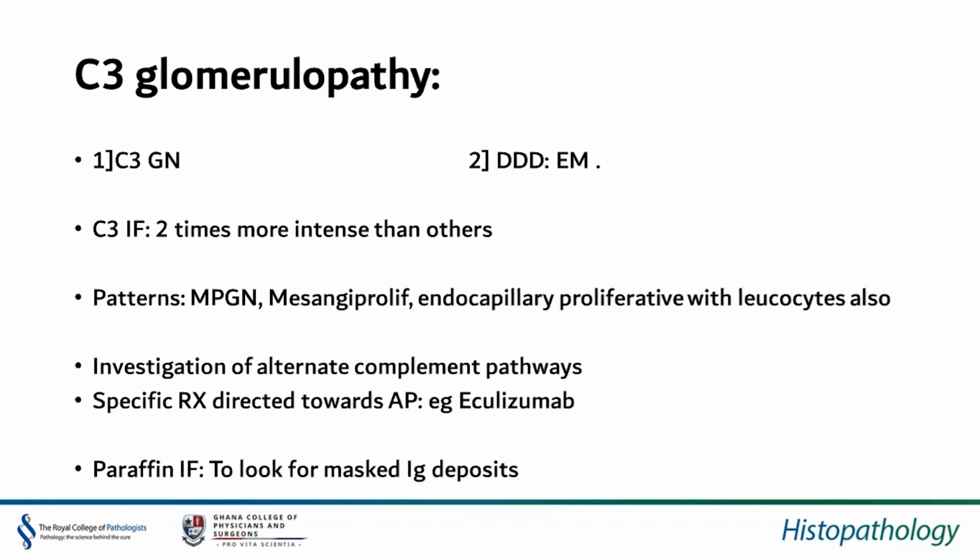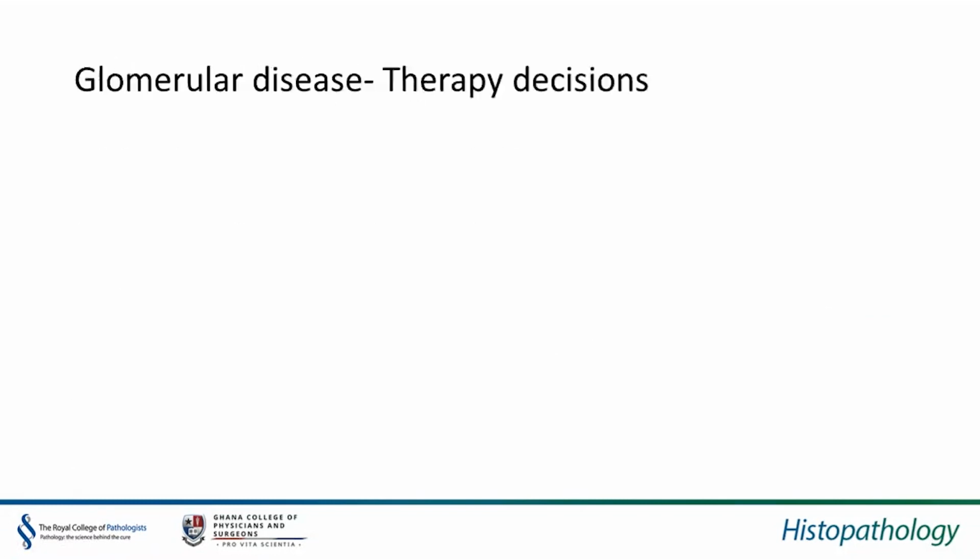Then you can use your paraffin section, the light microscopy block, and subject it to pronase digestion, the enzyme pronase. It will break the cross linkages between the proteins, it will expose the proteins, and it will expose the antigens. It's a very useful technique that is often used. So it can be used as a salvage technique, and it can also be used to pick up masked deposits.